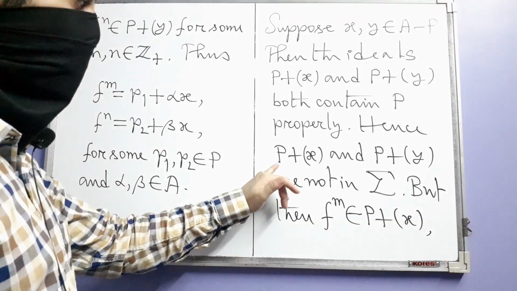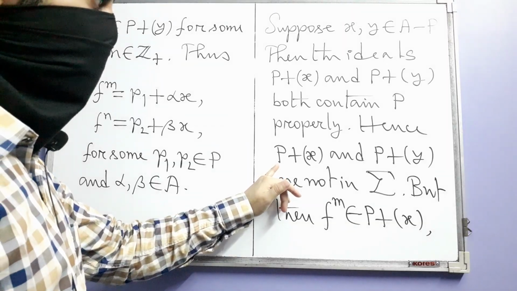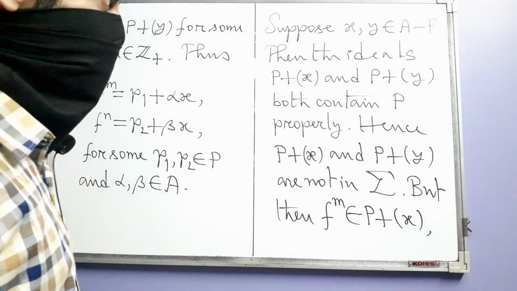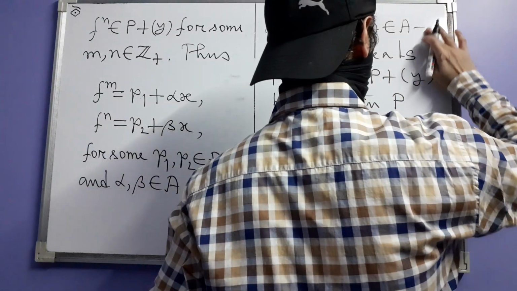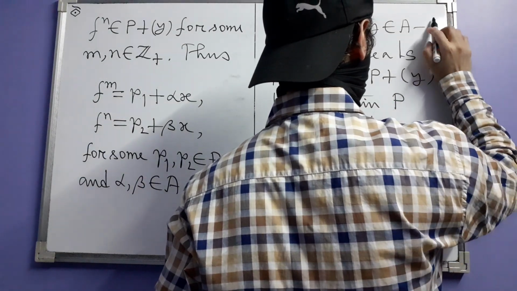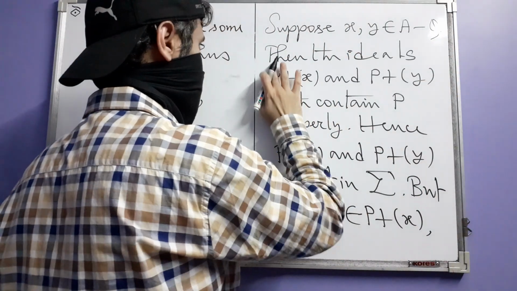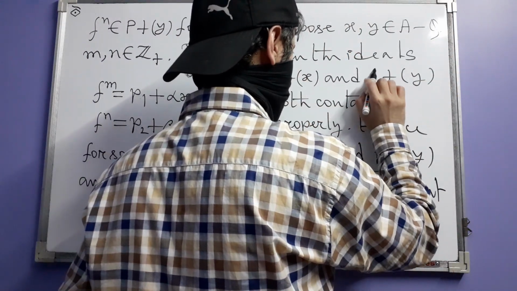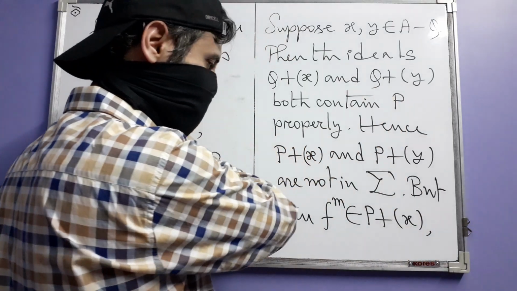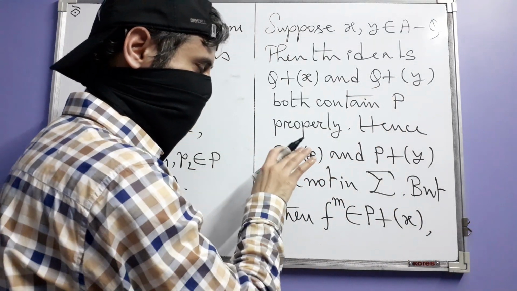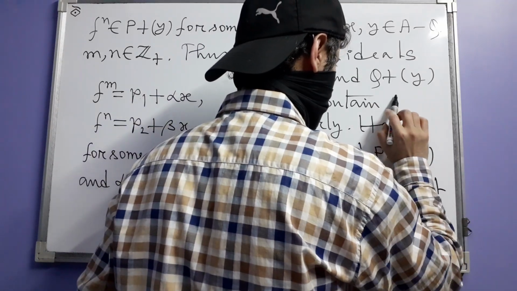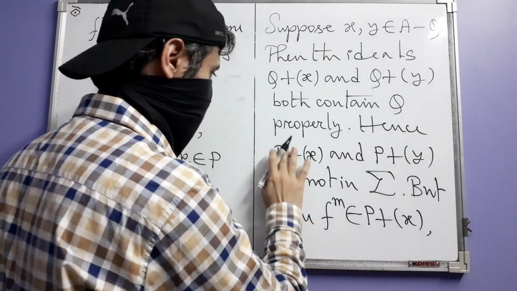Here, however, I have used P to denote a maximal element in sigma. So that actually I cannot do. So let me change this to Q. In the book you will see P because they haven't really given any name or even considered the collection of primordials. They straight away talked about the intersection.